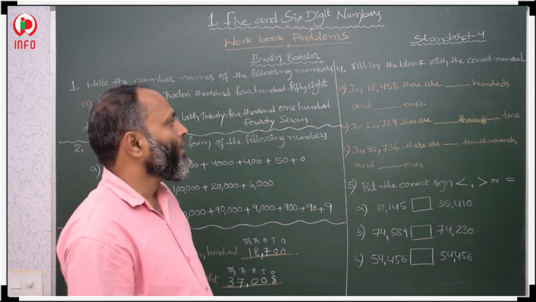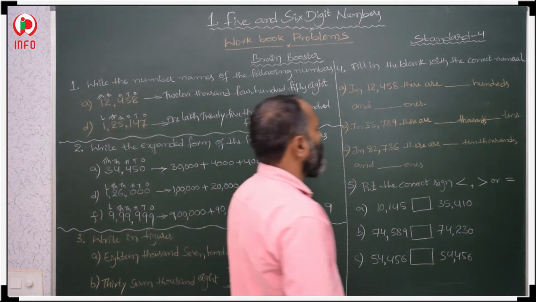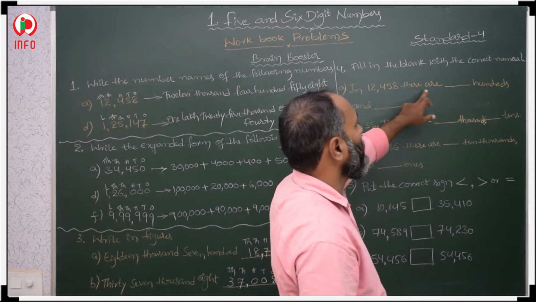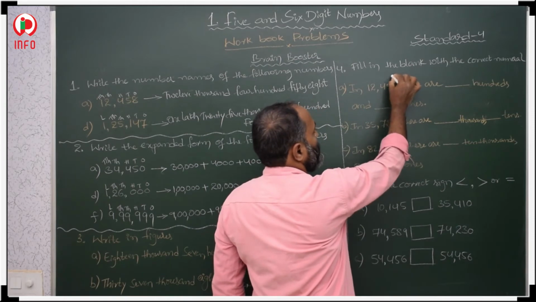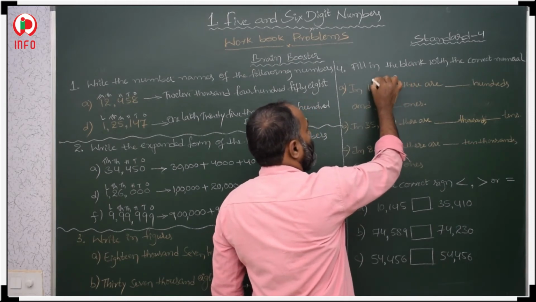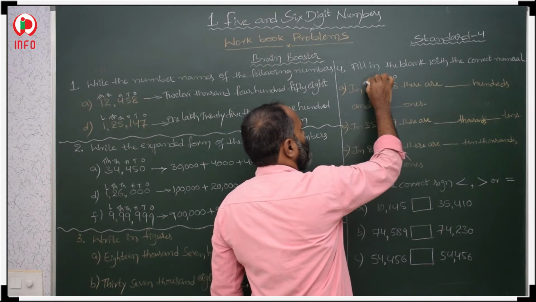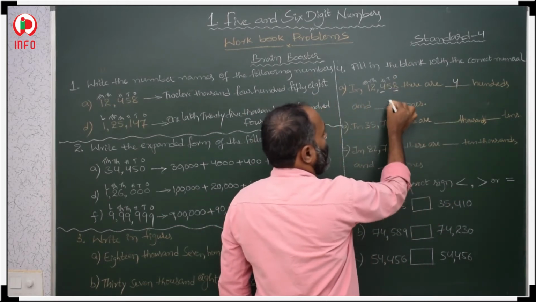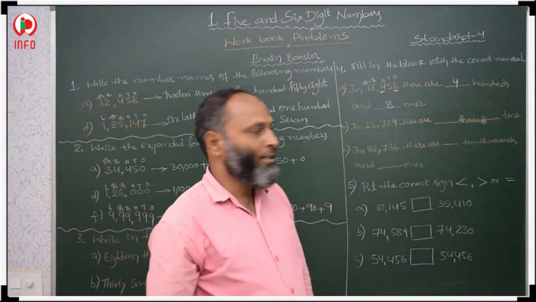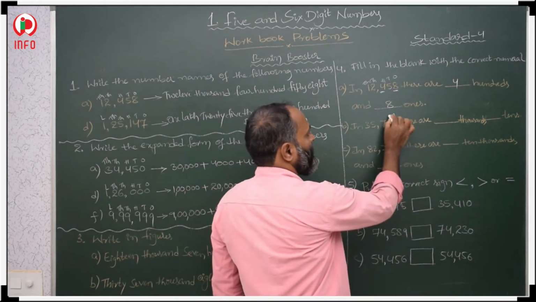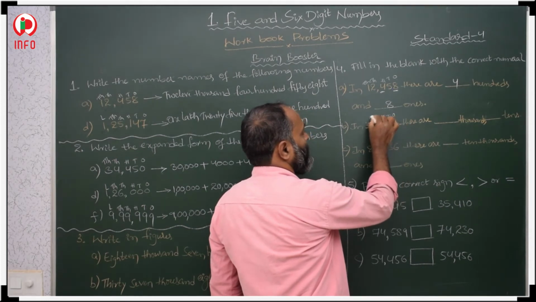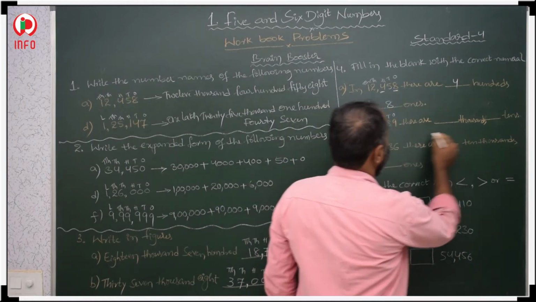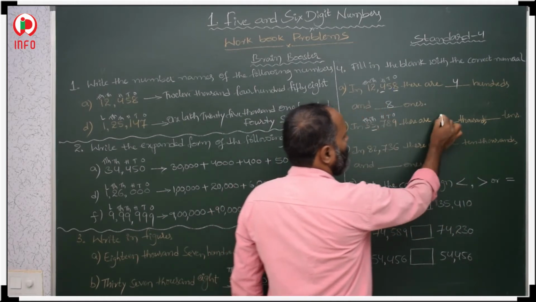Now fill in the blanks with the correct numeral. So 12,480 and 458. There are how many hundreds? Ones, tens, 100, 1000, 10,000. There are 4 hundreds. And how many ones? 8 ones. Then there are how many thousands? 5,000.